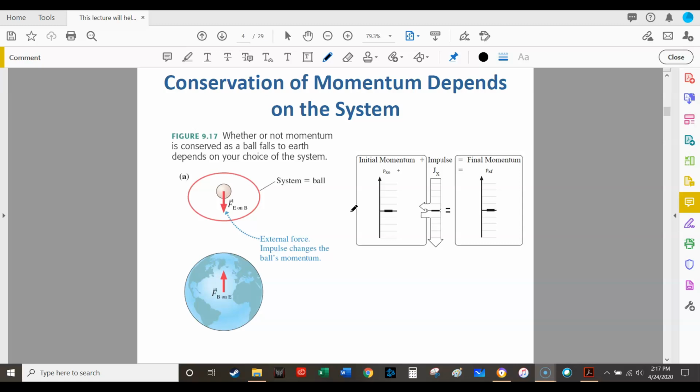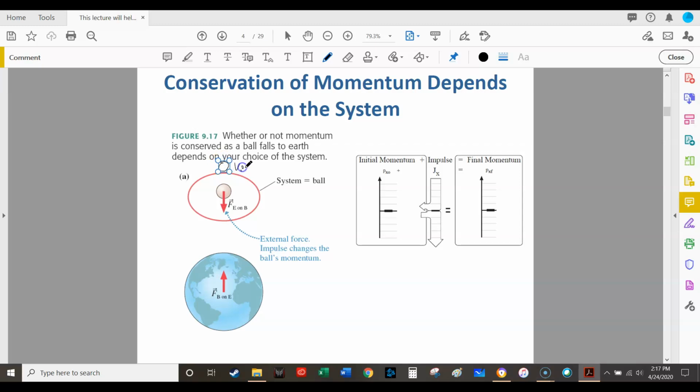Okay? So here we have an example of that, right? So if you have a ball, if you've established the system is just a force around this ball, and you're only looking at the ball and you're not caring about what is outside the ball, then that system is only going to be relative to the ball. So here's an example of this. So suppose you had a ball that is initially not moving.